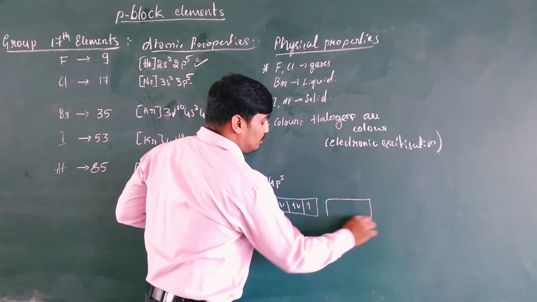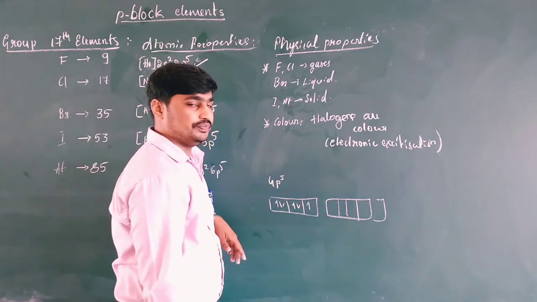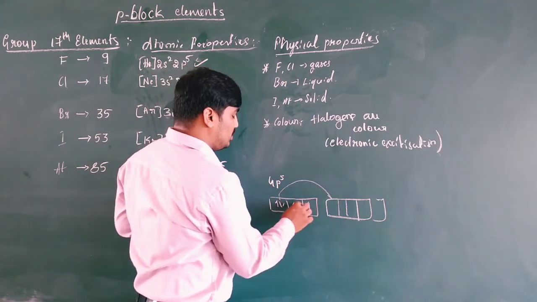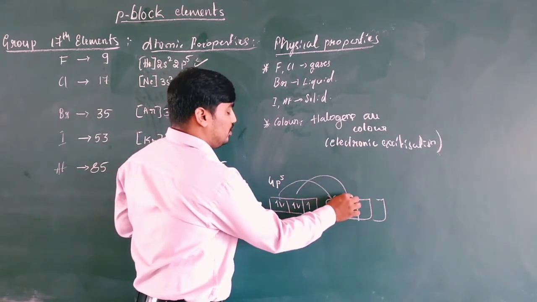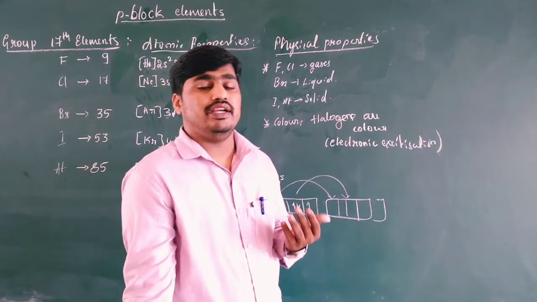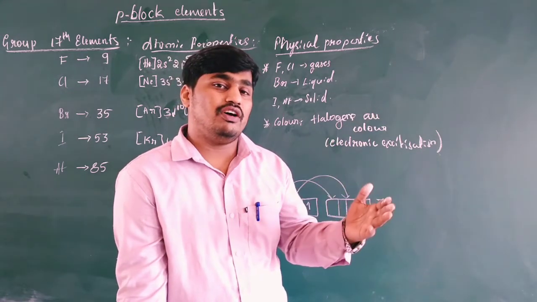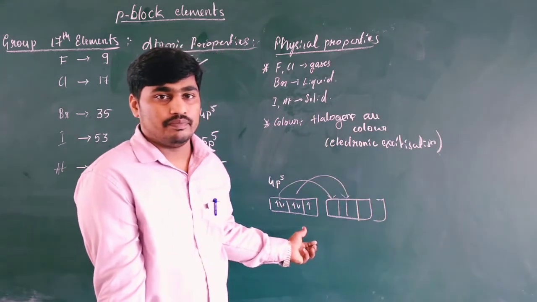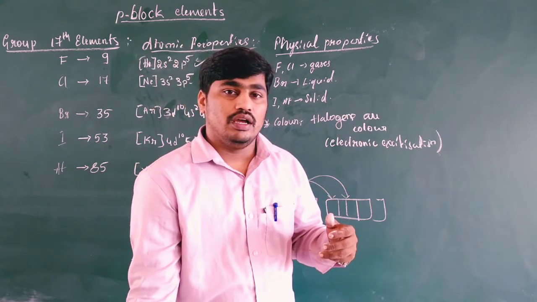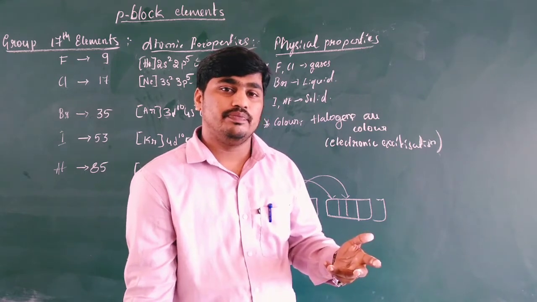After p5 we observe the d. There is a possibility of excitation of these electrons to d. The electron present in the p orbital is excited to the d orbital because of the presence of the d orbital very next to the p. When a small amount of energy is available, the p electron is excited to d.